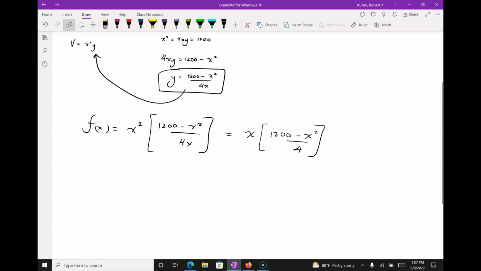And of course, the more I can simplify it, the better. But it's just me being kind of picky.